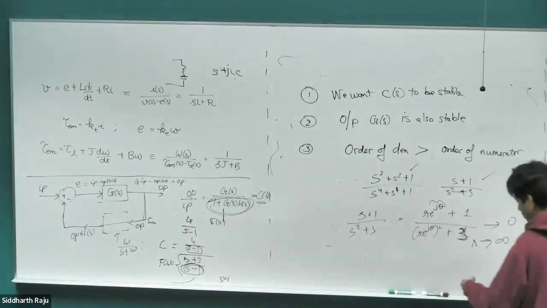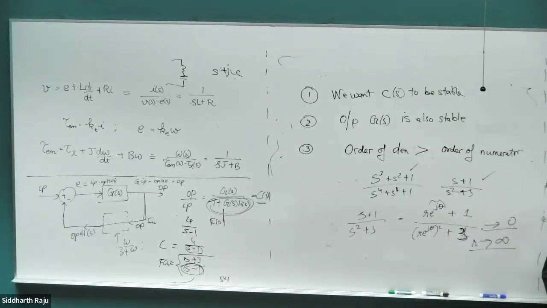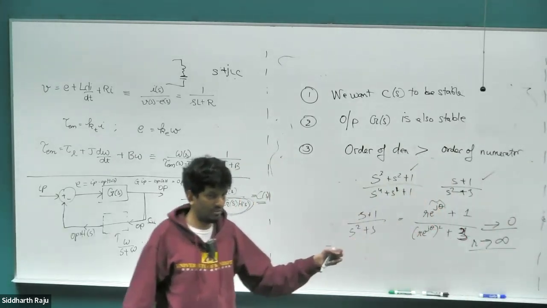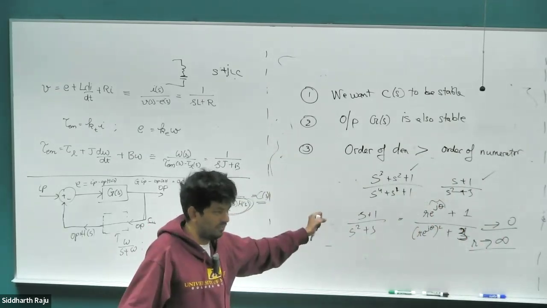Right, so as R goes to infinity, this term goes to 0. Does it always go to 0 for all transfer functions? For what kind of transfer function would the term go to 0?